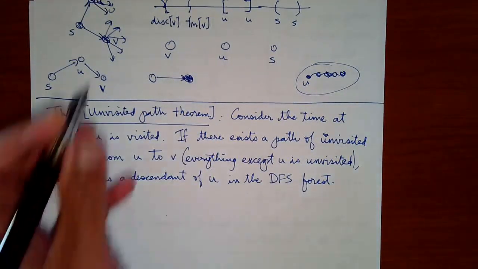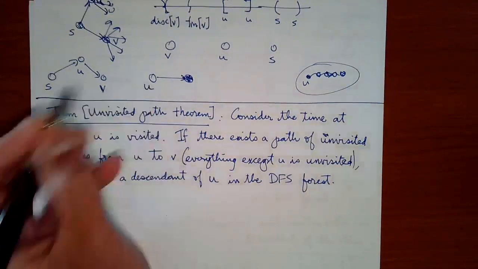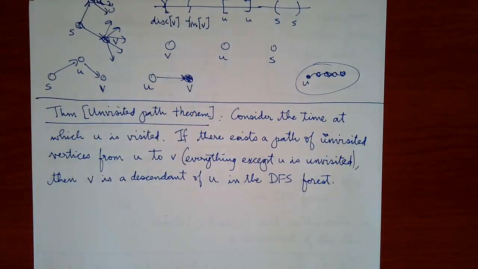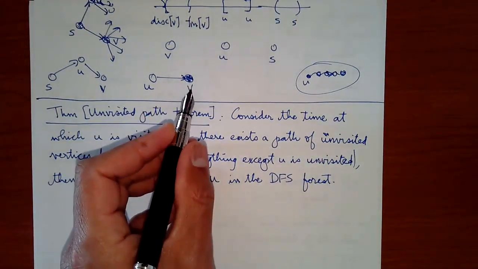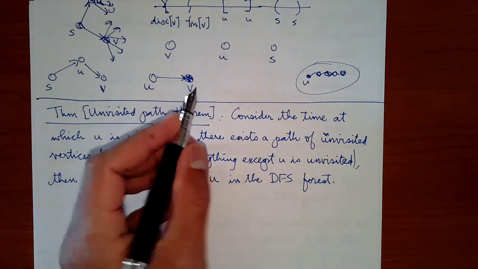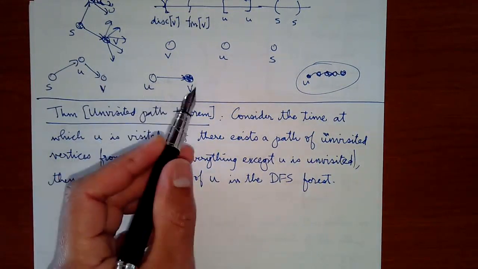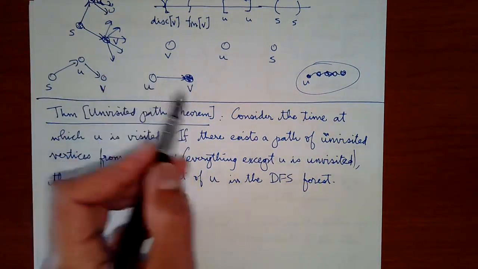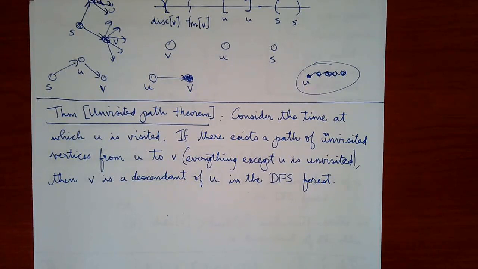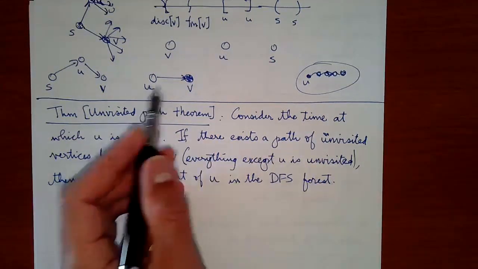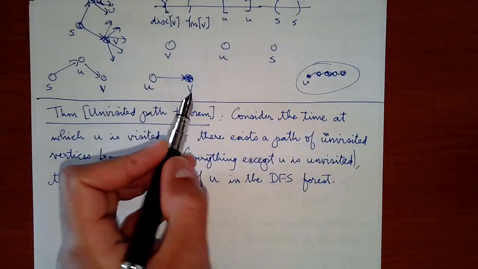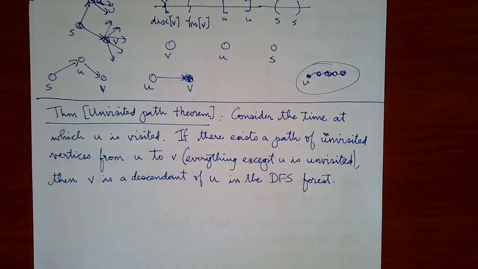Suppose this was your graph and DFS started on V. Then when DFS goes to U, there is no path of unvisited vertices from U to V. V is not a descendant of U in this case, if DFS ran on V first before running on U, which it could.